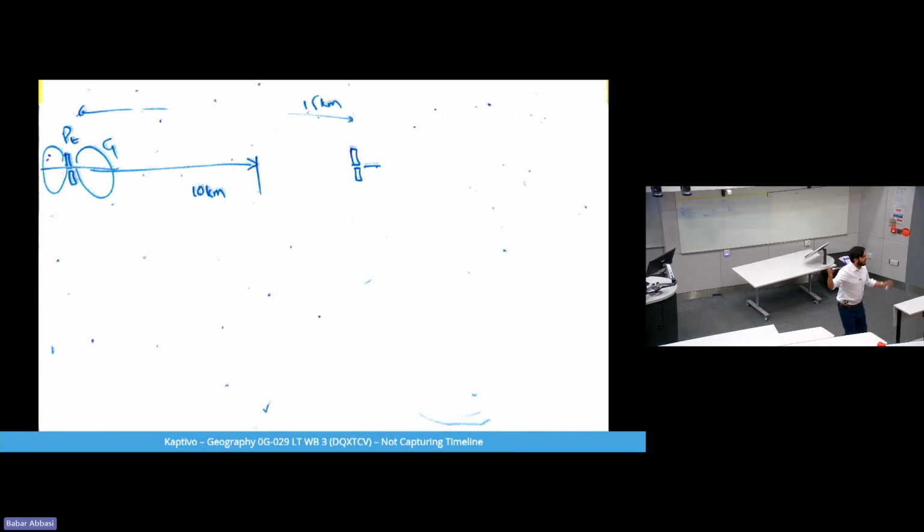Now consider if my receiver antenna is at 15 kilometers. Put on your thinking cap. What can we do?